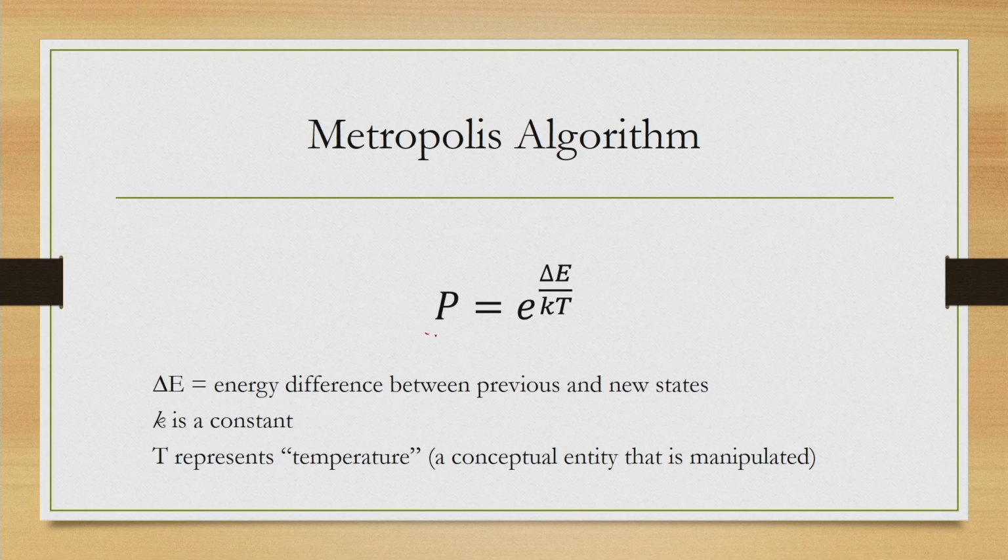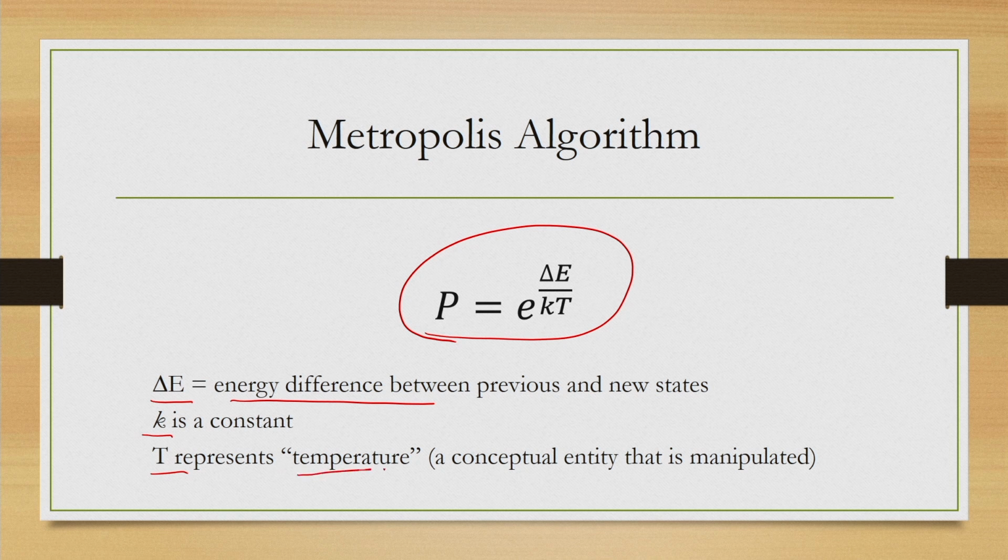That probability is computed with this expression, where delta E represents the energy difference between the two states, K is a constant, and T represents something equivalent to temperature in a physical system, which is a conceptual entity that is manipulated by the designer or the implementer of the algorithm.